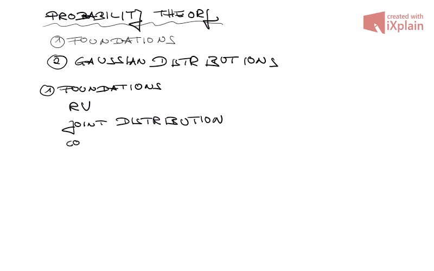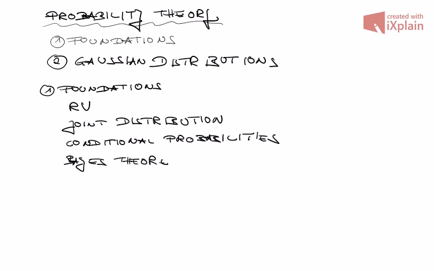This will lead us directly to conditional probabilities. And when we are there, then why not talk about Bayes' theorem, because that's just a statement about conditional probabilities.